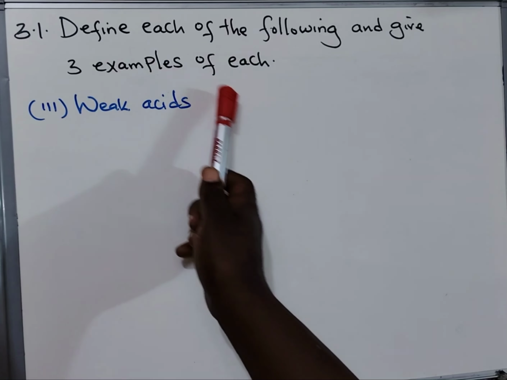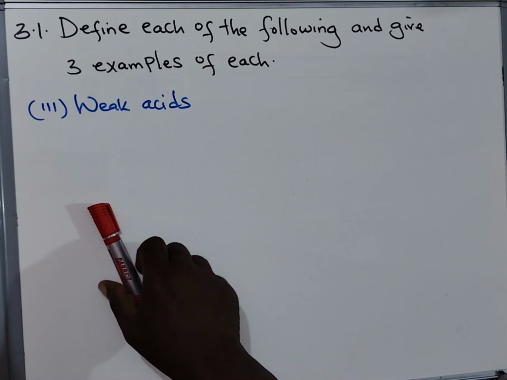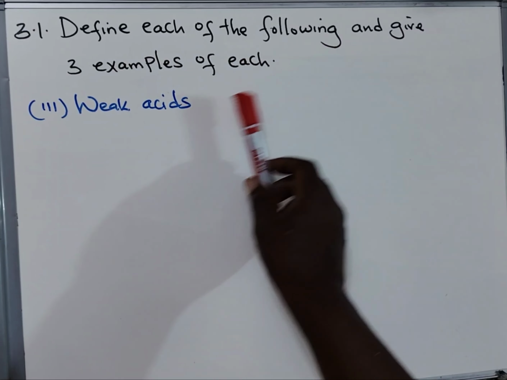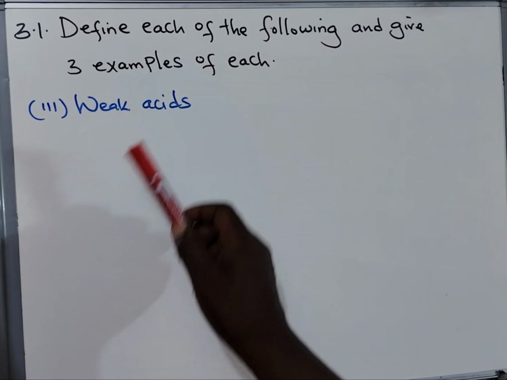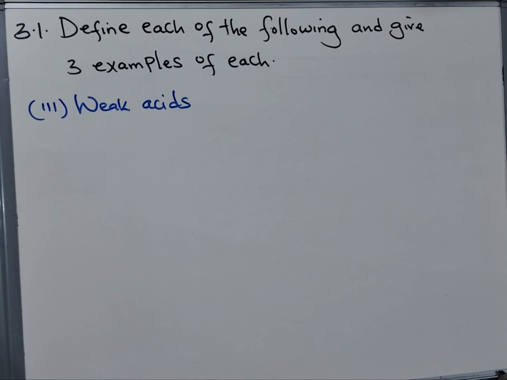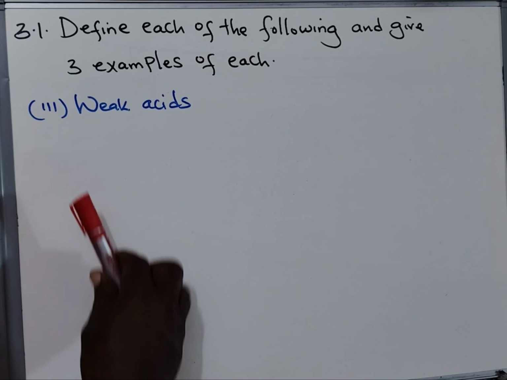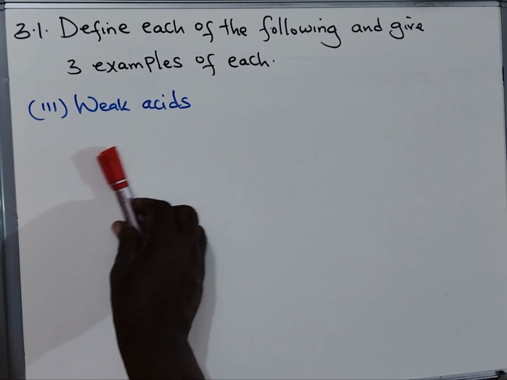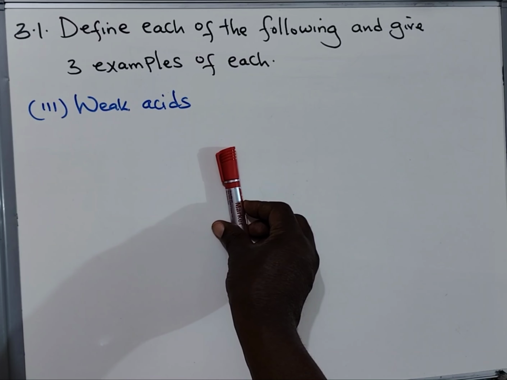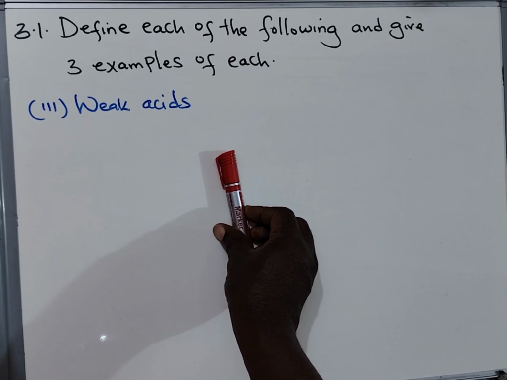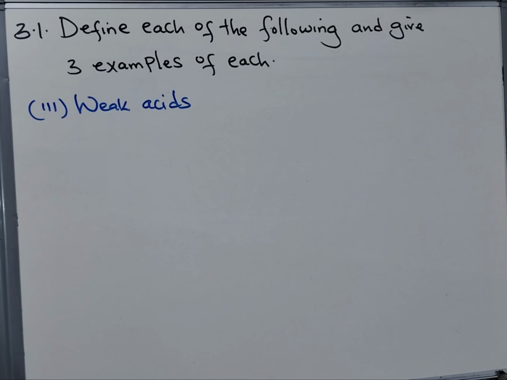Then comes this question saying define weak acid and give 3 examples. So what is a weak acid? A weak acid is the acid which is incompletely or partially ionized to give low concentration of hydronium ions in a solution.